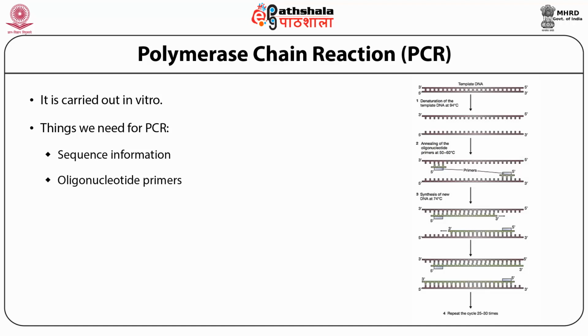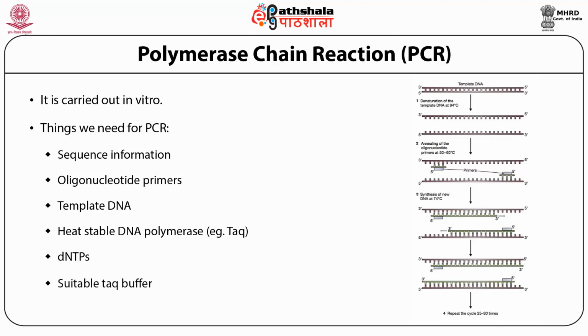Primers are small fragments of single-stranded DNA, comprising about 20 to 30 bases, and a template DNA onto which the polymerase chain reaction is performed to generate more copies of this same DNA. We also need a heat-stable DNA polymerase, Taq polymerase, dNTPs, deoxynucleotide phosphates, and a suitable buffer.